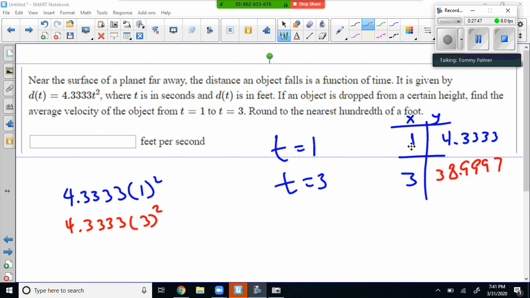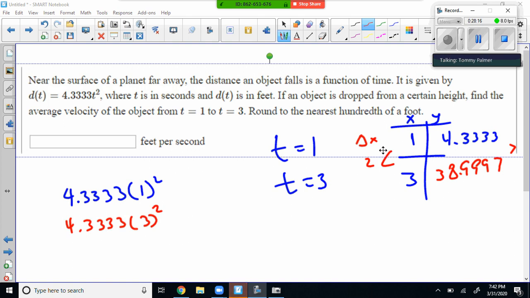Okay, so then here are your 2 points. You're just finding slope. That's it. So you know your change in x is going to be a 2, right? 38.9997 minus 40, or it's a change in, however far that is.